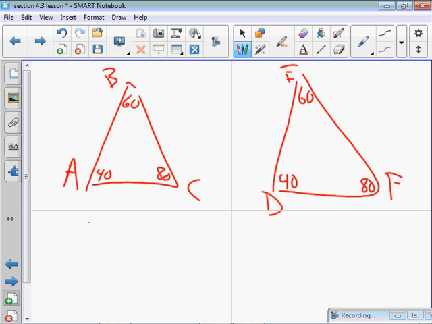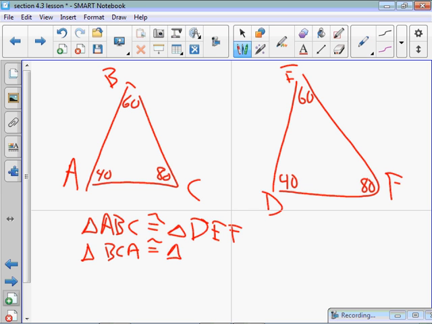You could say that triangle ABC is congruent to triangle DEF. You could say, starting with B instead, triangle BCA is congruent to triangle EFD.